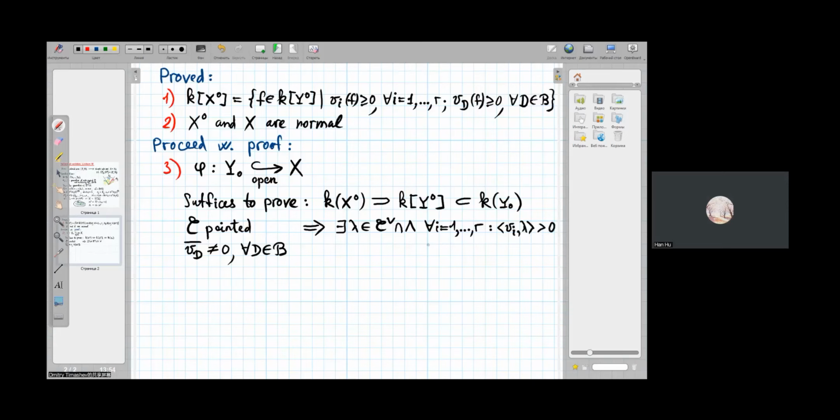And also for any D in B, the pairing of V_D bar with lambda is strictly positive.